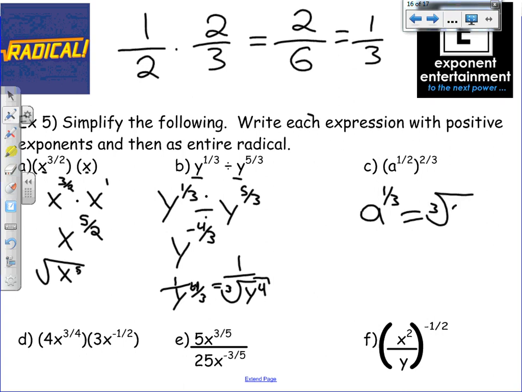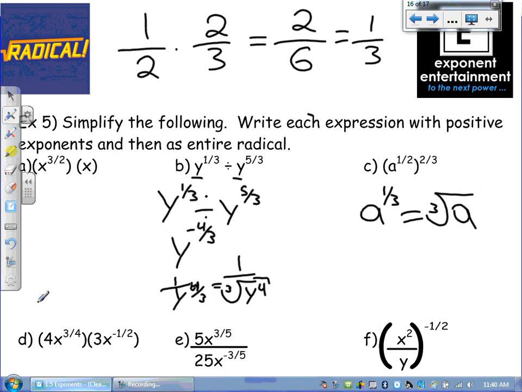I'll erase this first part. D, we're going to do above. We have two things multiplied. How do we deal with the coefficients? Multiply them. 4 times 3 is. x to the power of 3 over 4 times x to the power of negative 1/2.